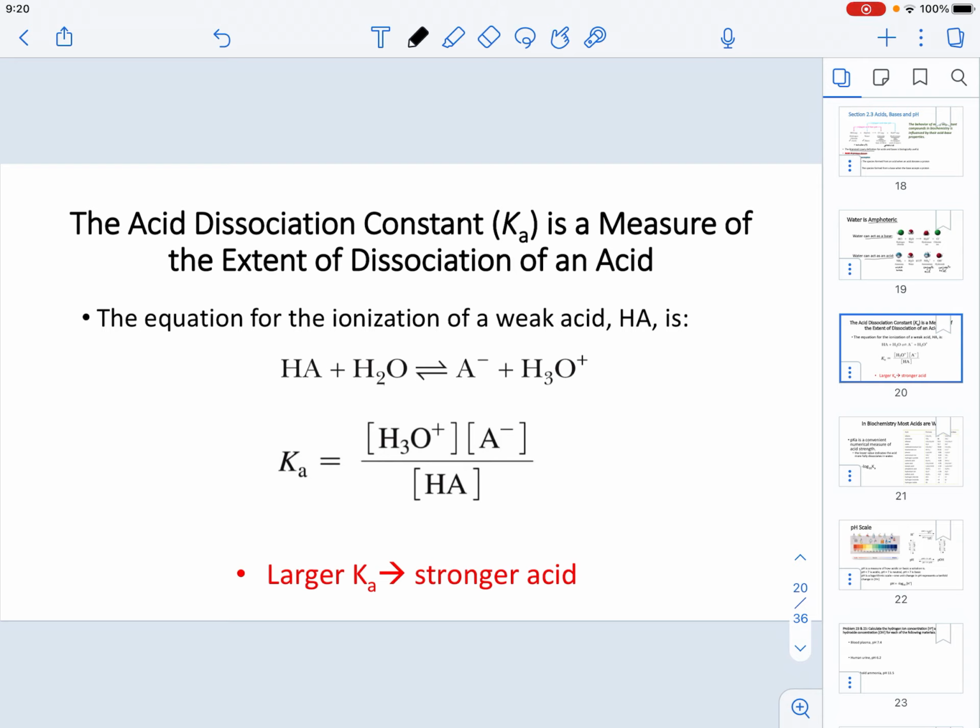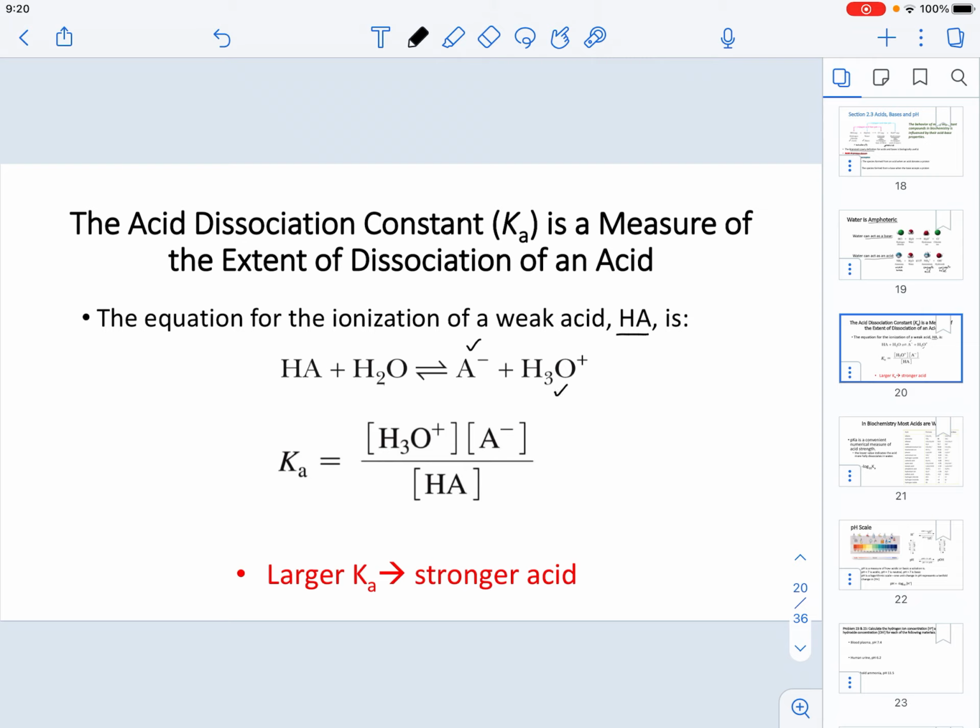So understand that when we have specifically a weak acid that is designated by the letters capital H and capital A, and we put it in water, what is going to be happening overall is that that weak acid is going to create its conjugate base and hydronium will be formed.